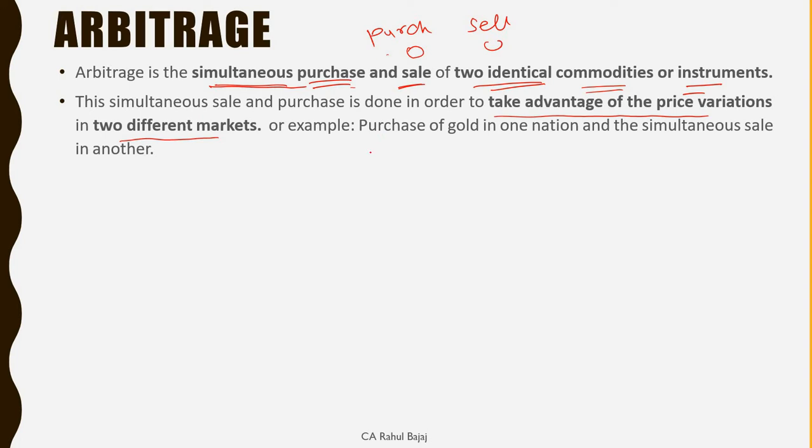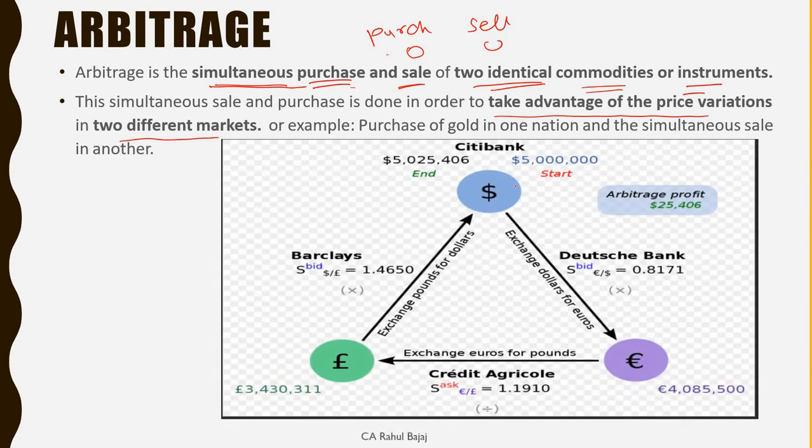For example, purchase of gold in one nation and simultaneously selling it in another nation. Here I have taken one example. Say Citibank, at the start point, has $5 million. It gets converted to yen, so that becomes 4.85 million.